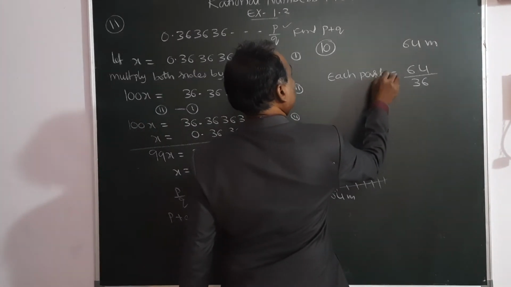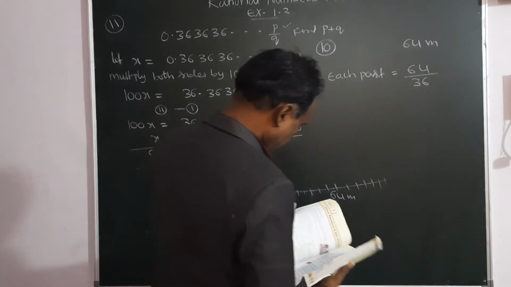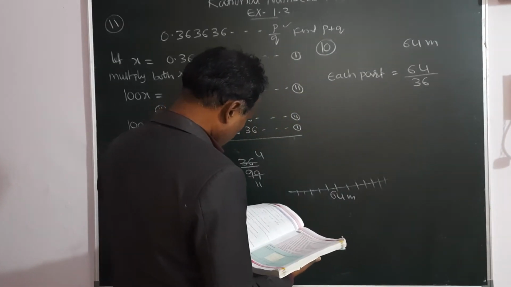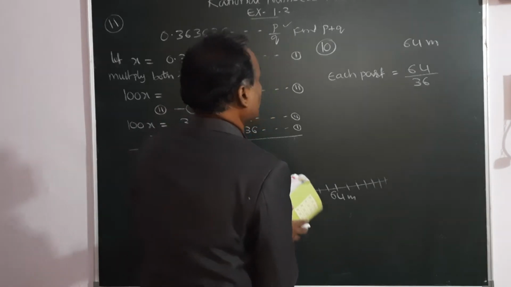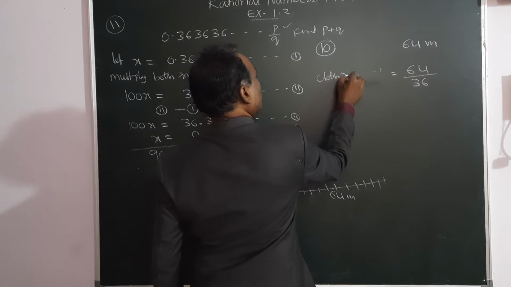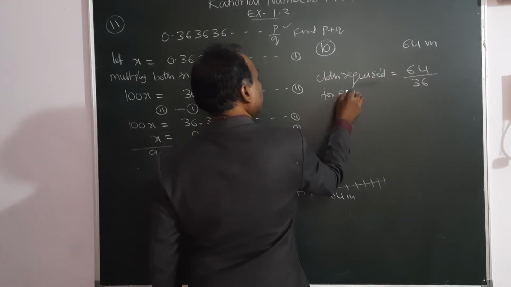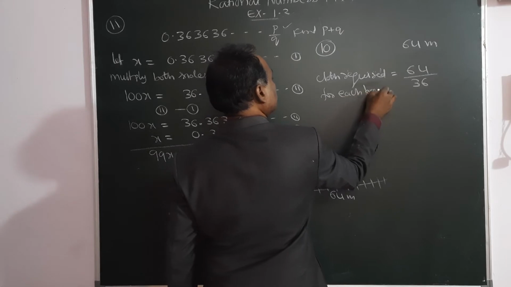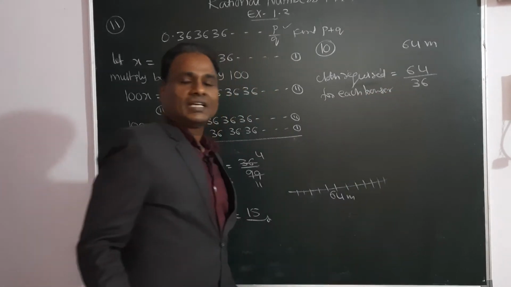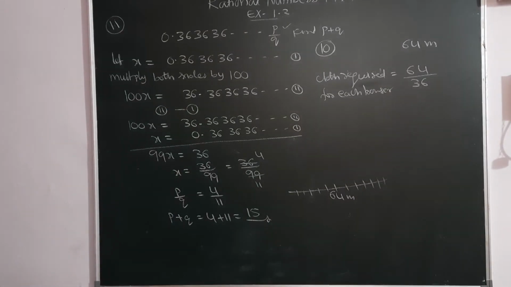Or you can write as per the given question: cloth required for each trouser is equal to, so total cloth is 64, divided into 36 equal parts.